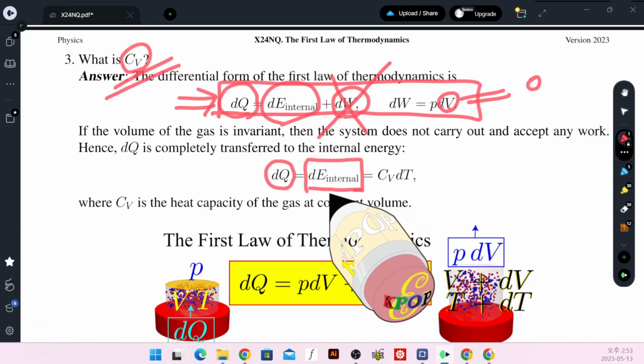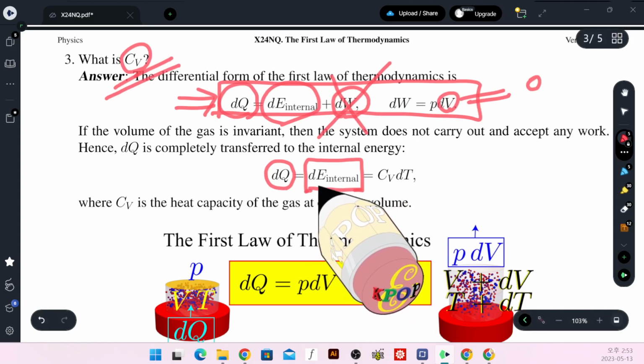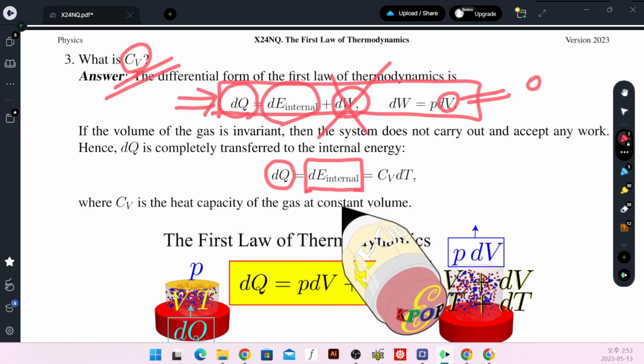Because internal energy is the total kinetic energy of the molecules consisting the gas system, it is proportional to the temperature.